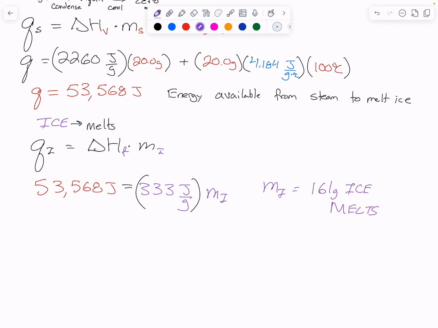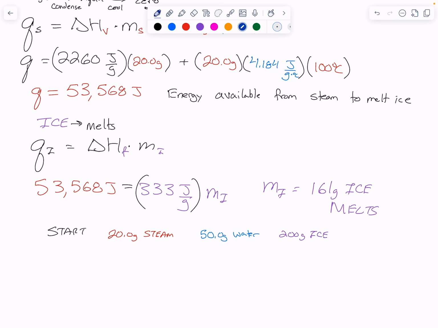All right. So if that's how much melts, what did we start with? So let's look at everything. At the start of this process, we had 20 grams of steam, 50 grams of water, and 200 grams of ice.